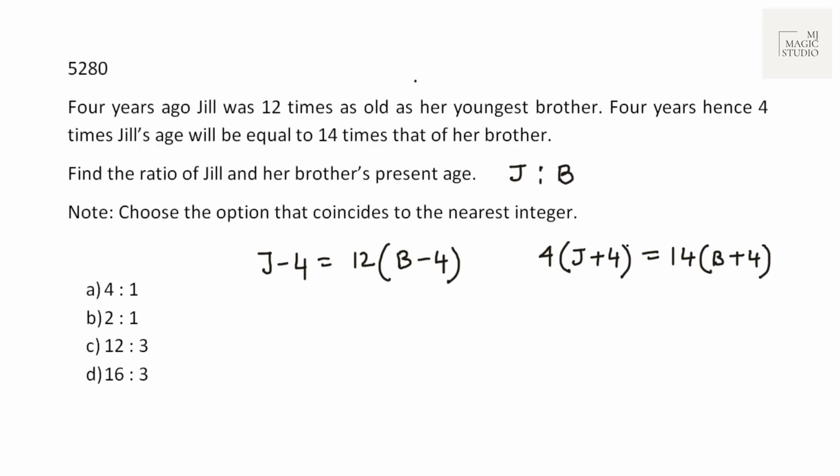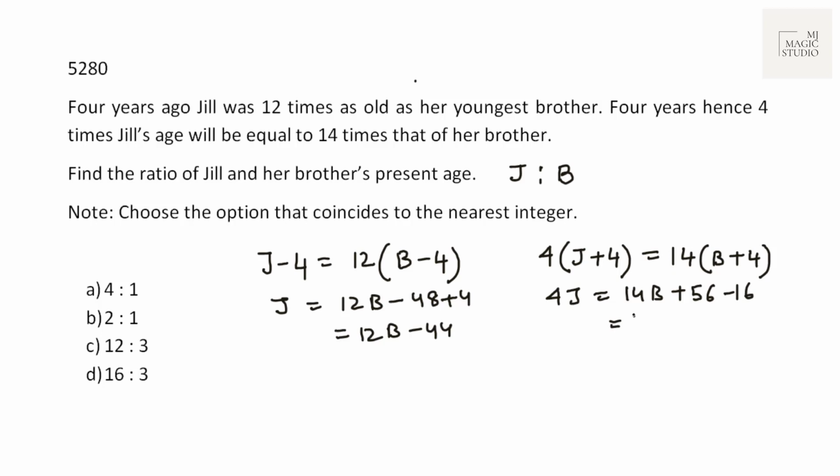So we have got two equations. We can solve it. J equals 12B minus 48 plus 4, or 12B minus 44. Here 4J equals 14B plus 56 minus 16, that is 14B plus 40.